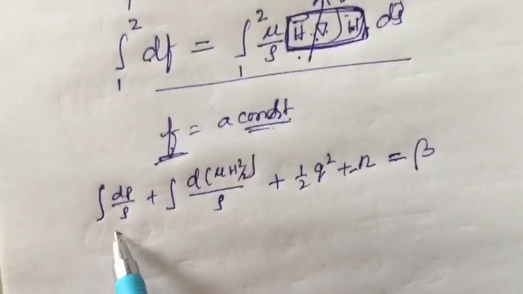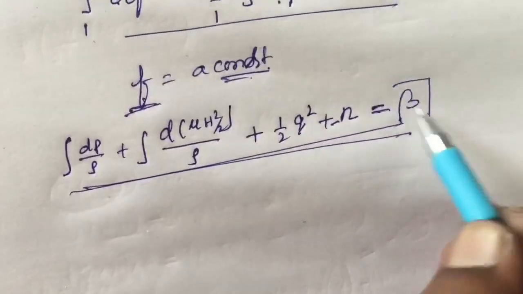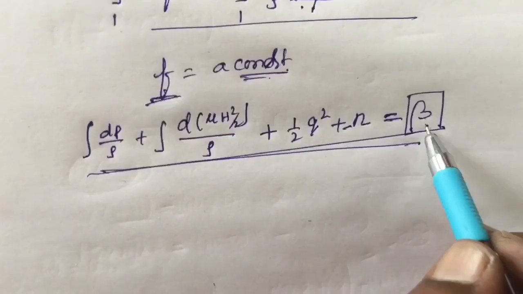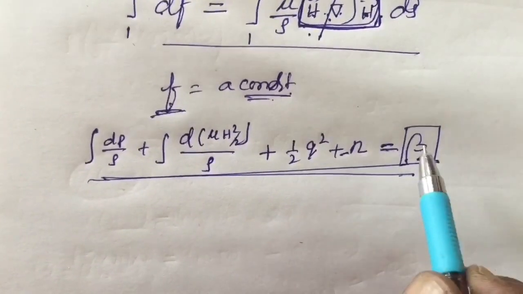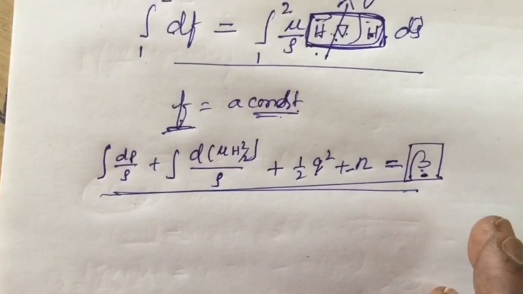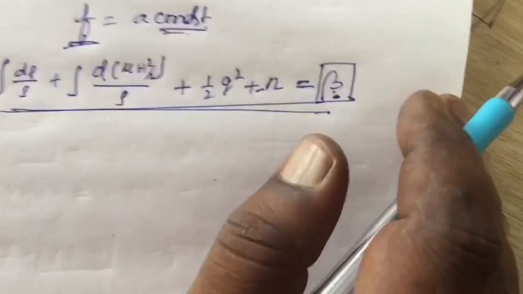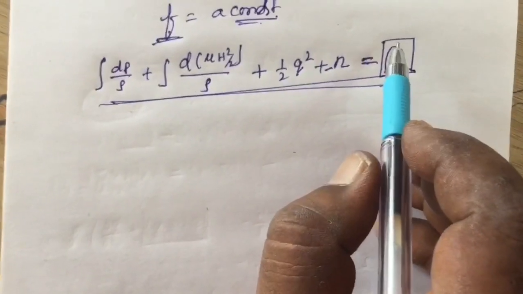And this is the required Bernoulli's equation for steady case. This beta is a constant for one particular streamline; if you change the streamline, then beta will differ.